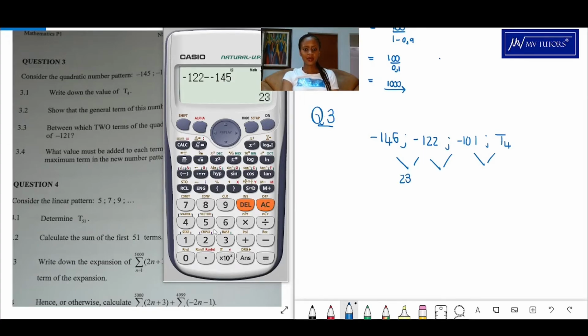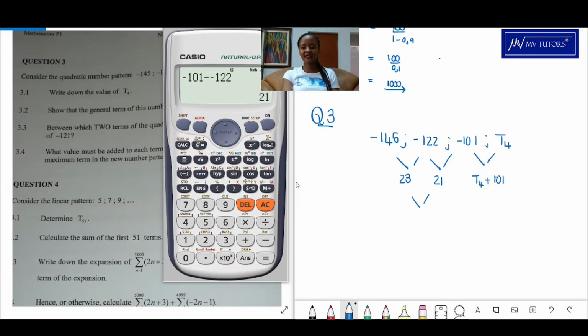And then we get -101 minus -122, and that is 21. My light just fell, but the show goes on. And here we have T4 minus -101.